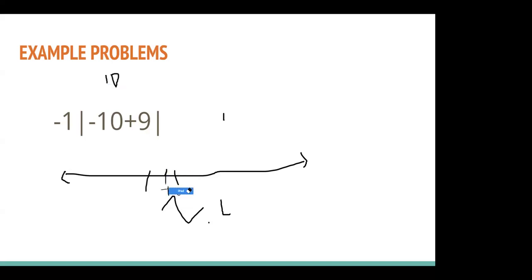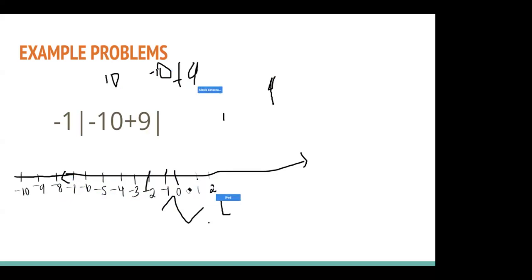Then the only money you have right now on you is 9 cedis. So if you pay that person 9 cedis, you'll be left with 1 cedi to pay the person. So negative 10 plus 9 becomes negative 1 because you still owe that person 1 Ghana cedi.